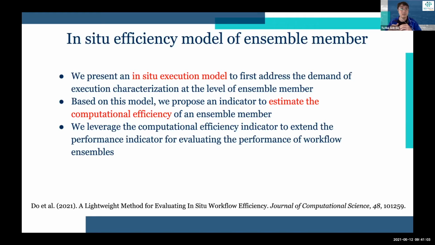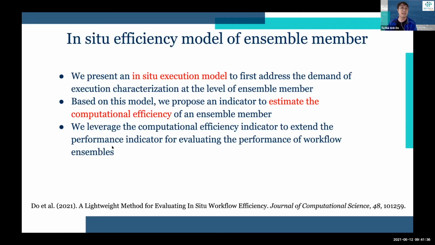By computational efficiency, we mean that we measure the time during the execution of the ensemble member in which the ensemble components do not sit idle, and we use that time to estimate the computational efficiency. If you would like more detail about this work, you can take a look at the reference at the bottom of the slide.